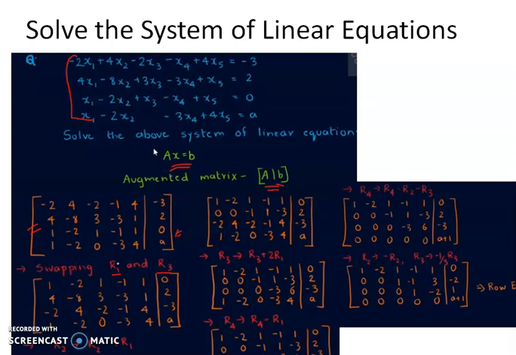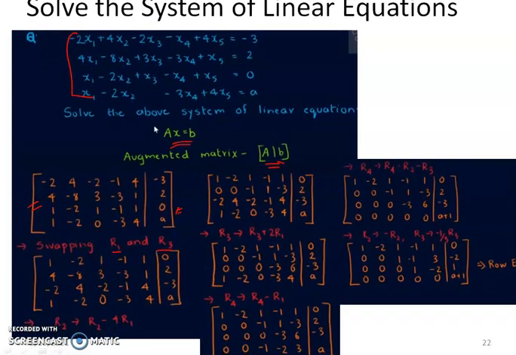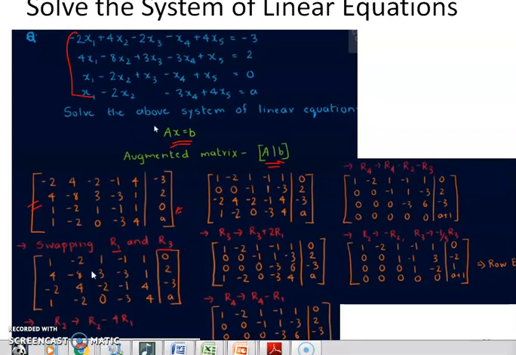Then perform swapping of R1 and R3. After the swapping operation, you will get the matrix in this format. Then the task is to make it an upper triangular matrix, isn't it?